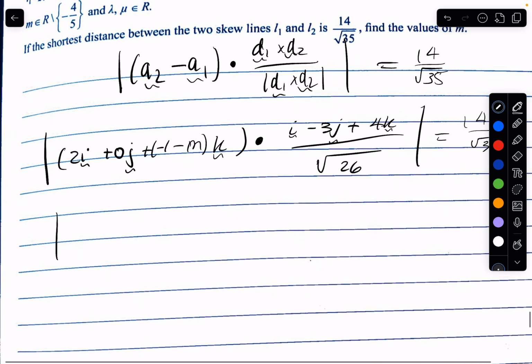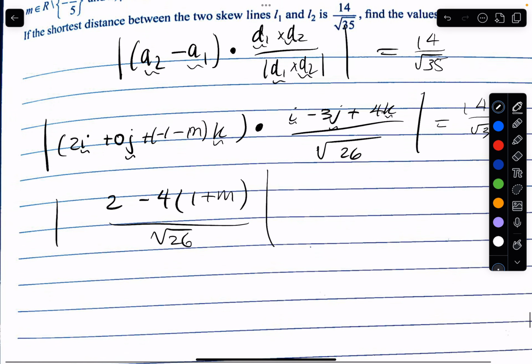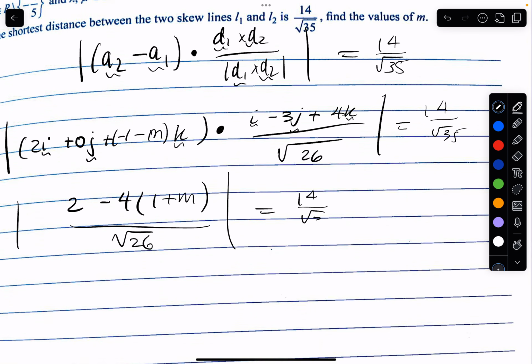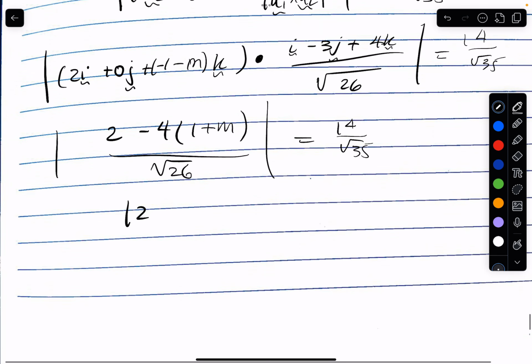Okay, so what's the dot product? Well, that's going to be 2. The 0 goes away, and then plus -1 minus m. So I'll just say 2 minus 4, -1 plus m over root 26 is equal to 14 on root 35. Now that's fine. Now it's just the magnitude of this.